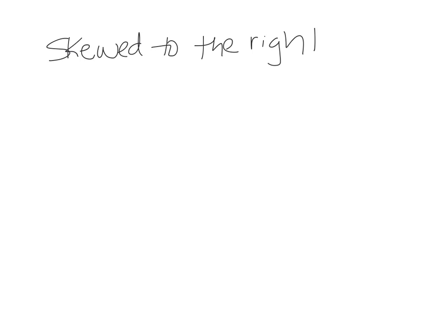All right, the other kinds are skewed to the right. So skewed to the right is kind of like where the tail of the data goes. So most of the data is going to be on the left side, and then there's going to be data that's pulling it to the right.